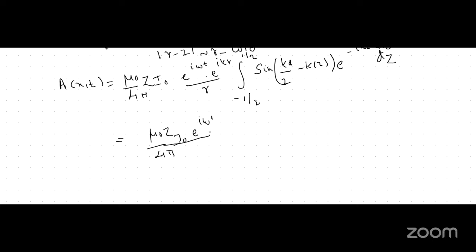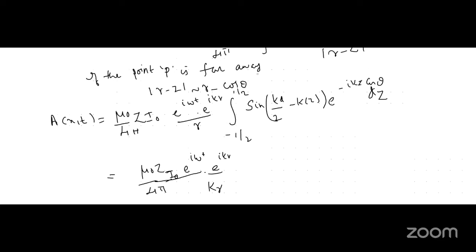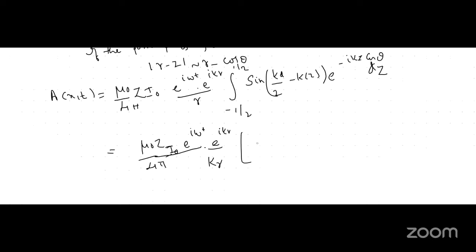I e to the power of i omega t into e to the power of i k r by kr, and this entire integration, if you do, you'll get it as cos of kd by 2 cos theta minus cos of kd by 2 divided by sine square theta.